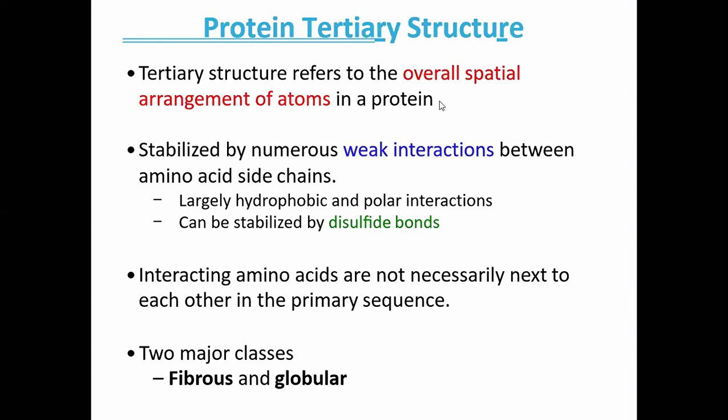Sometimes they are far, but because of their spatial arrangement, they are close to each other, and they create some interaction to stabilize the tertiary structure. Proteins can be classified into two major classes: one is fibrous protein, and the second one is globular protein.